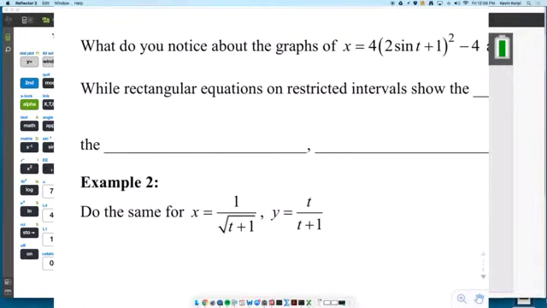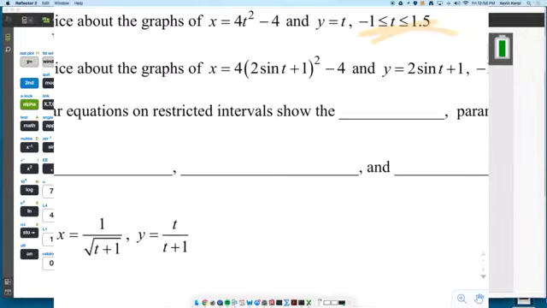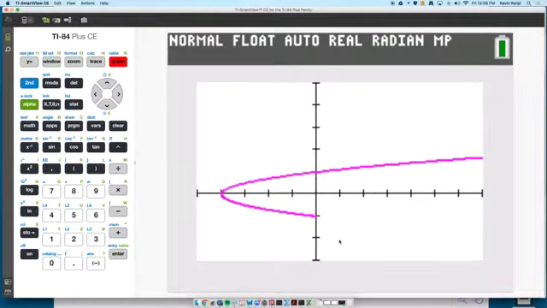With rectangular equations, that is, like we've been doing, X and Y's, on restricted intervals. What the heck does that mean? Well, let's look at that real quickly. This graph looks like it could be a sideways opening parabola, yeah? Now, a sideways opening parabola would go on to infinity on both of the branches.